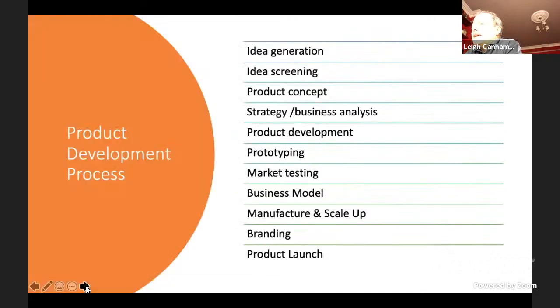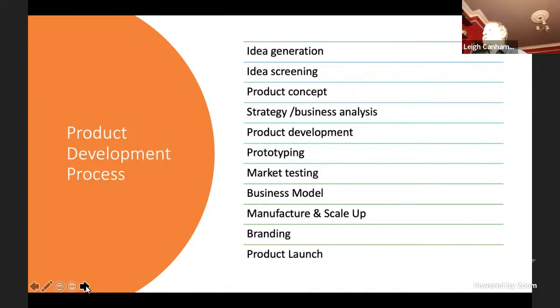So this is the standard product development process. You generate an idea, or ideas, ideally, and then you screen them. You bring in people who are very good at evaluating ideas and how strong those ideas are in terms of generating a product.